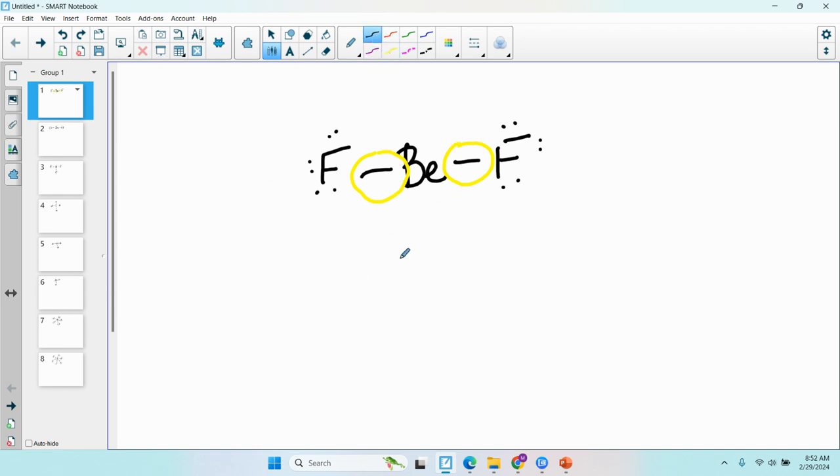So I'm actually going to redraw this. Underneath where it says draw shape and give bond angles, in this case it's going to look the exact same. Okay. So if you were to redraw it so that it actually looks like linear, you're going to draw it exactly as you would have because there's no lone pairs on that central. There's nothing really acting on it differently.